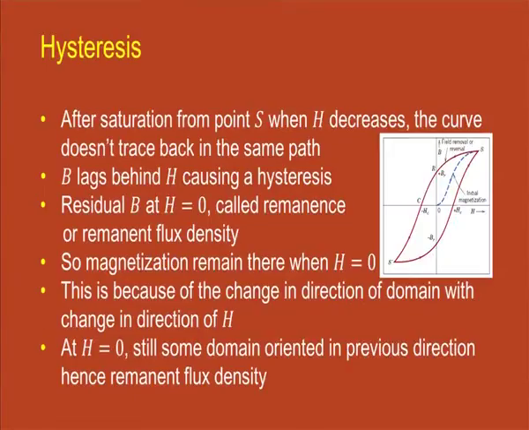And if we want to obtain 0 magnetic field strength for the material, then we have to go further in the negative direction, and at a particular external magnetic field strength we will find that the internal magnetic field strength has become completely 0, and that particular magnetic field strength is called coercive force, which is a negative quantity to achieve the 0 internal magnetic field strength.